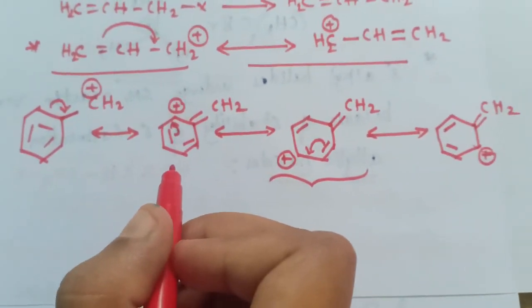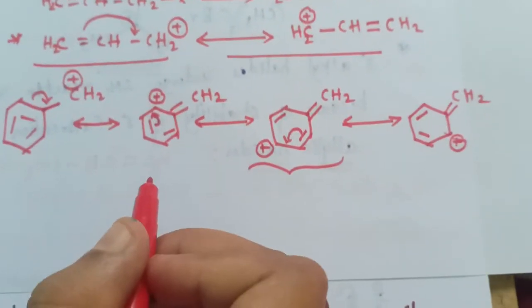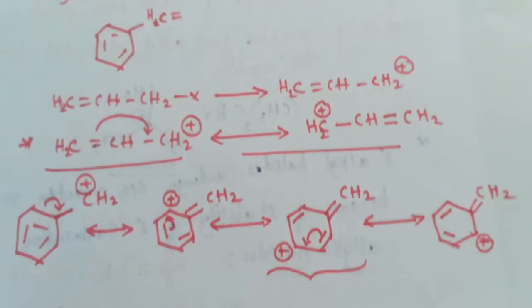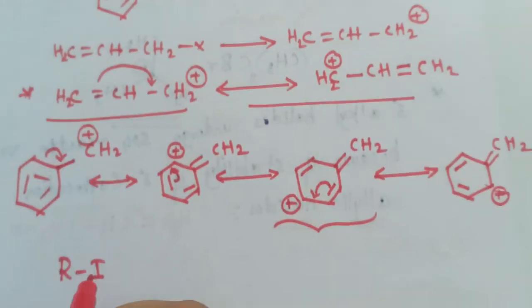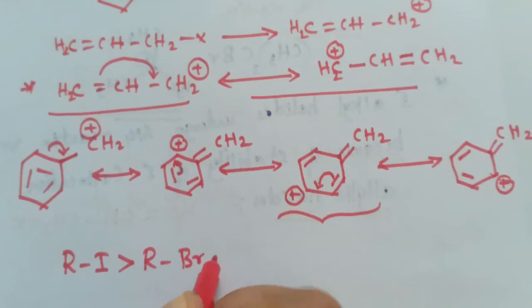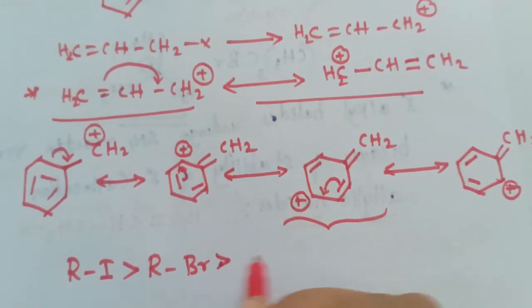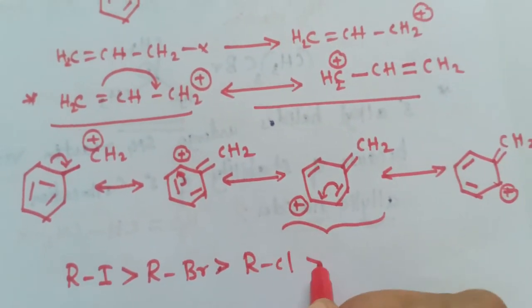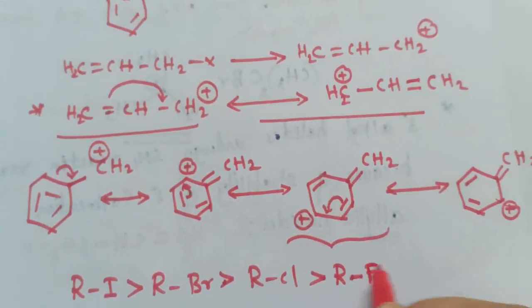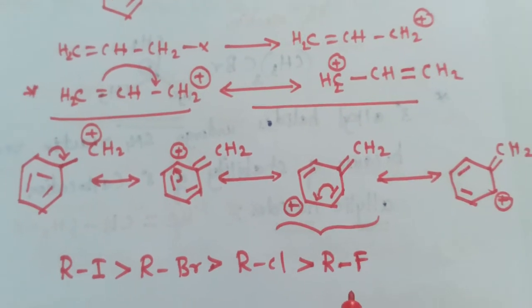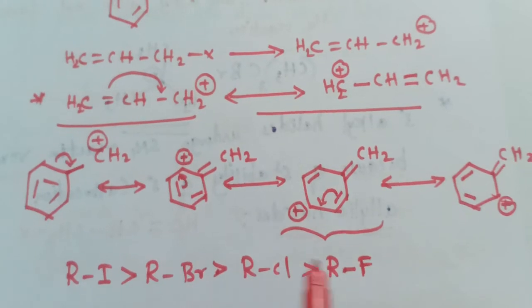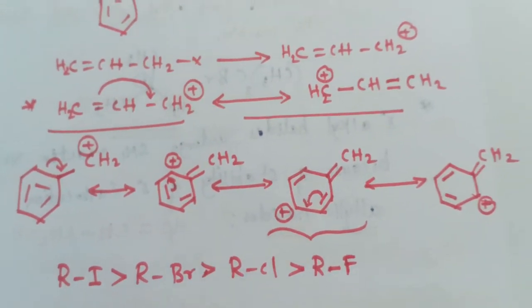The order of reactivity of the halides follows the same order in both Sn1 and Sn2. That is, the first is RI, the second is RBr, the third is RCl, and the fourth is RF. Here iodine is less electronegative than fluorine. What is electronegativity?